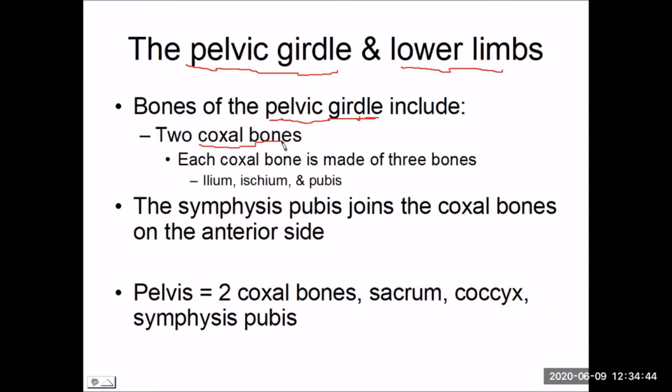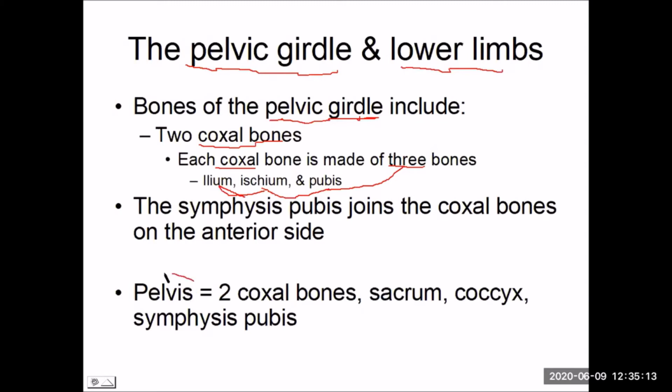Each coxal bone develops from three distinct embryonic bones: the pubis, the ischium, the ilium, and these three all fuse together and bond to make one single coxal bone. And the coxal bone itself now is the pelvic girdle. Those are equivalent terms, pelvic girdle and coxal bone.